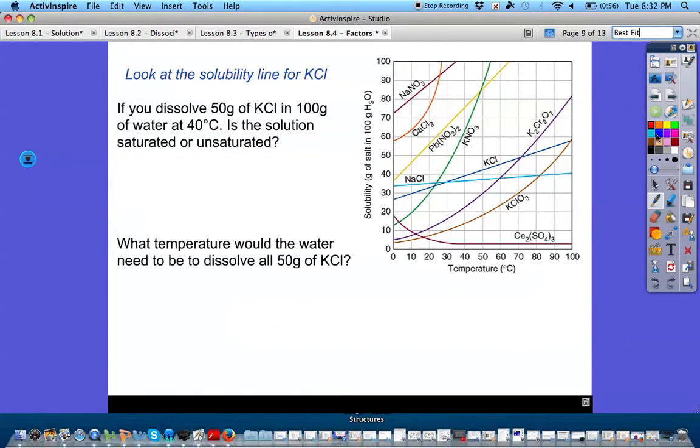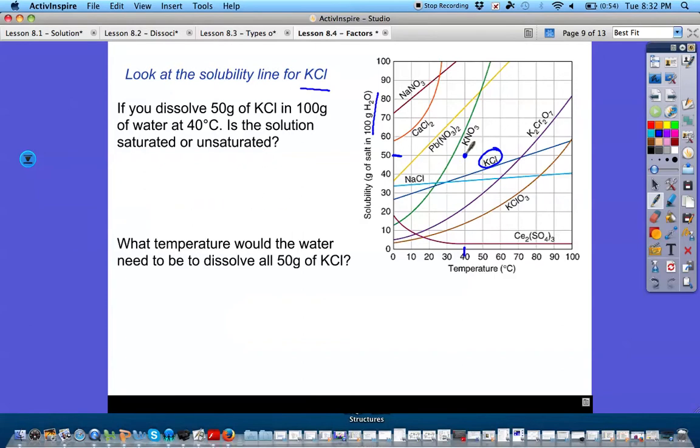Now let's take a look at potassium chloride. Here is the potassium chloride solubility curve, and we're asked, if you dissolve 50 grams of potassium chloride in 100 grams of water at 40 degrees Celsius, is the solution going to be saturated or unsaturated?